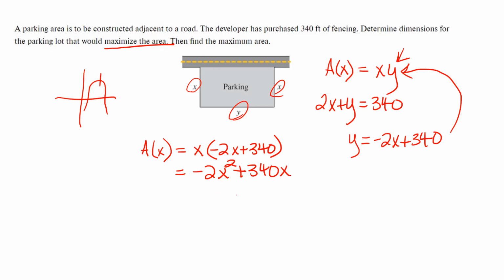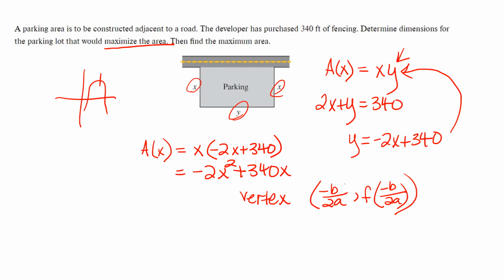To do that, we are first going to use the vertex formula. So vertex is equal to negative b over 2a, and then f of negative b over 2a.